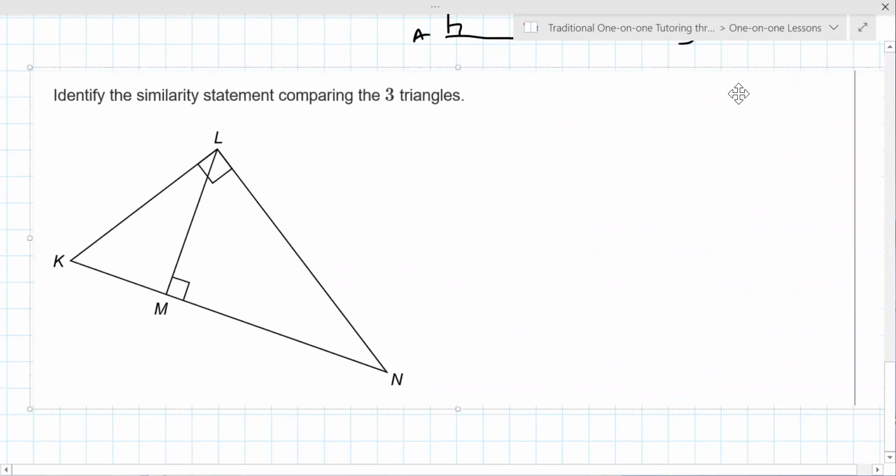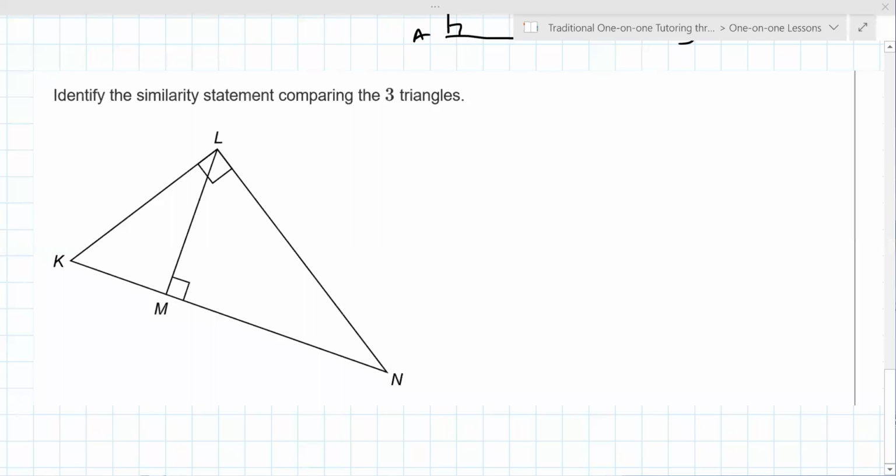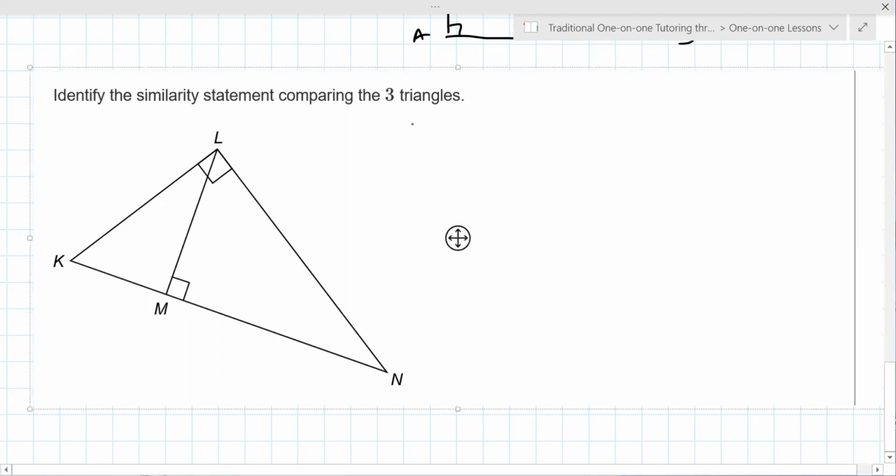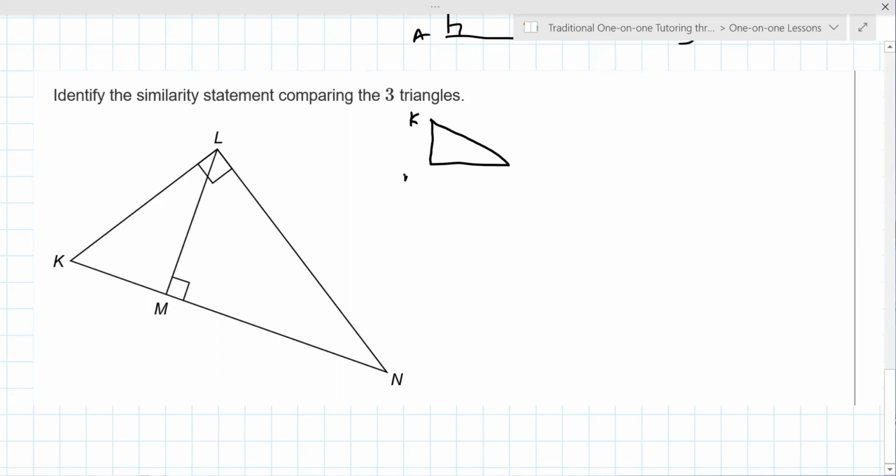Okay, so it looks like they start with KML. Oh, they start with the small triangle, KML. So let's draw the triangles here. The small one is KML. Do you see that?